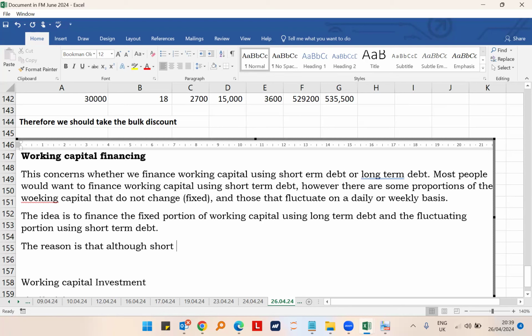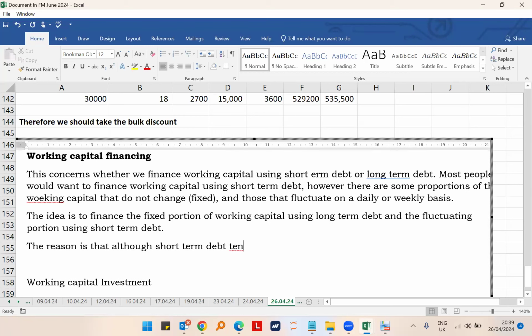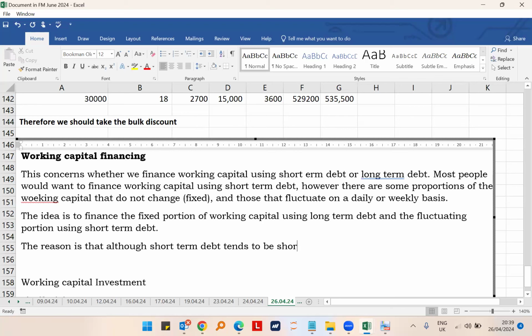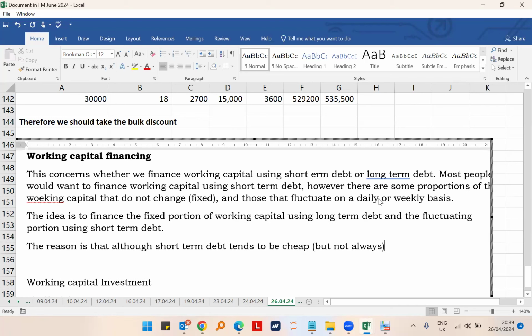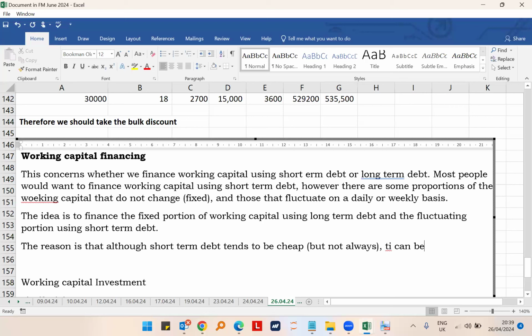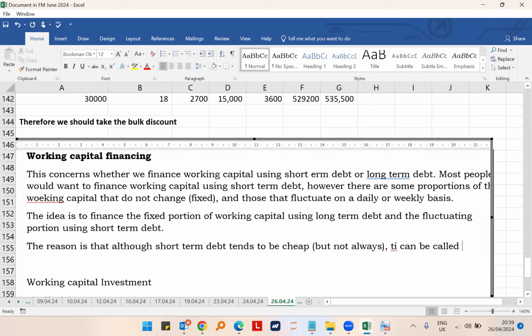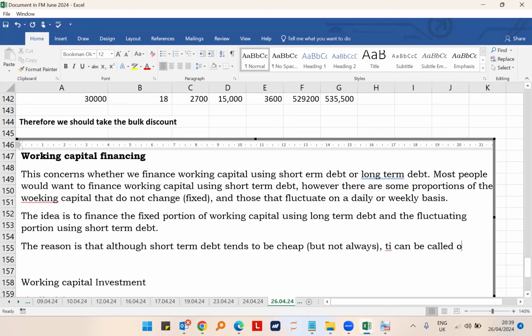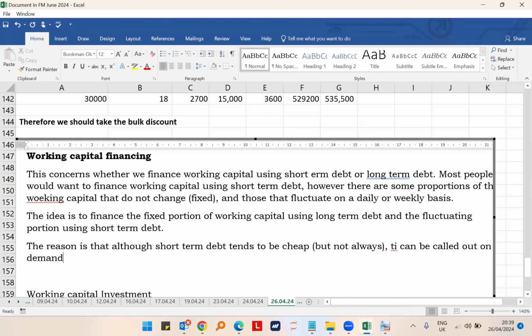Now, the reason is that although short-term debt tends to be cheap, but not always, it can be called out on demand.